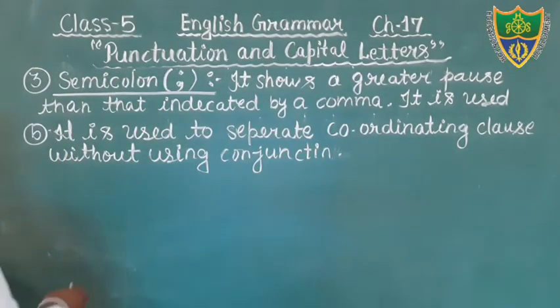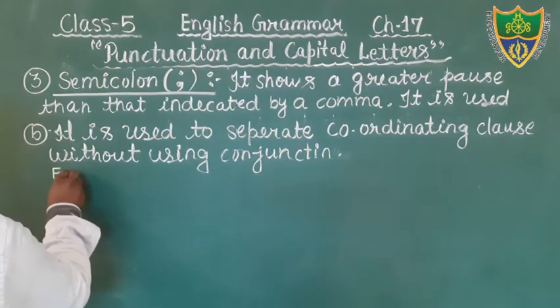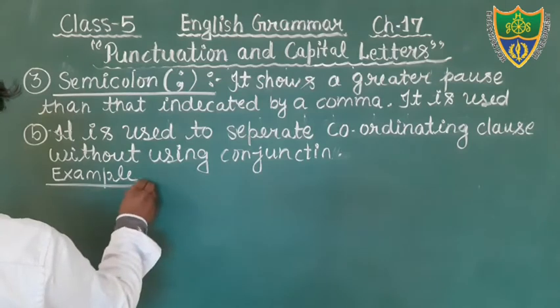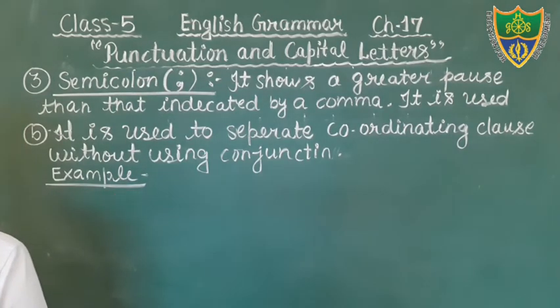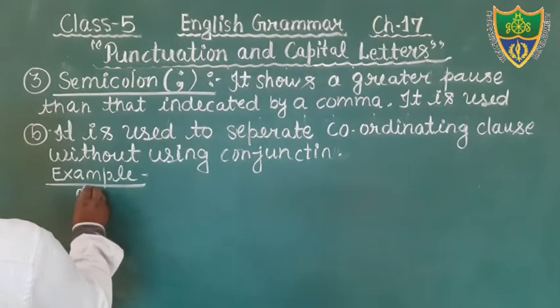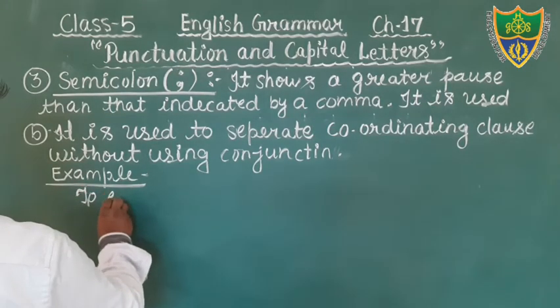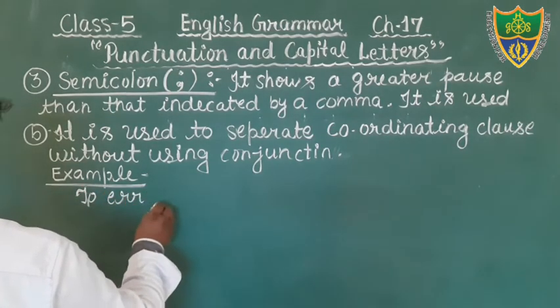Example we can see. Just write down the example. There are so many examples also given in your book; you may also refer from there. To err. Err means here error.